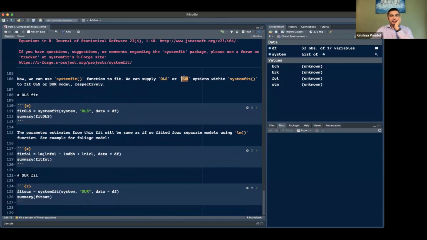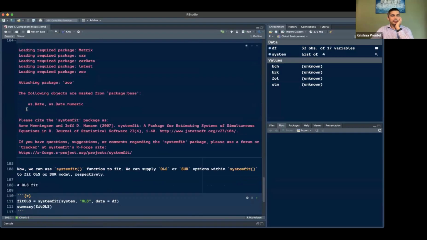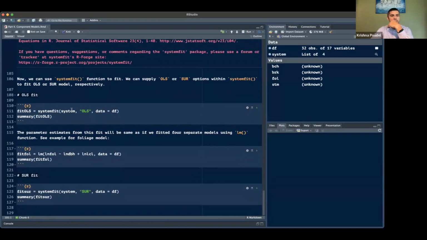And if we specify SUR, then it will fit as a system. So let's run this code. systemfit, that's the function. And then system, we created that system here. And this is the method that we will be using, OLS, ordinary least squares for this case. And the data we'll be using is DF, okay? And then summary, same as in linear model.